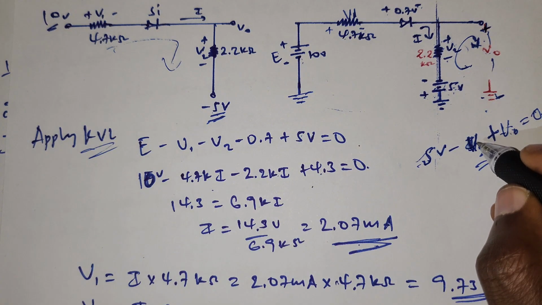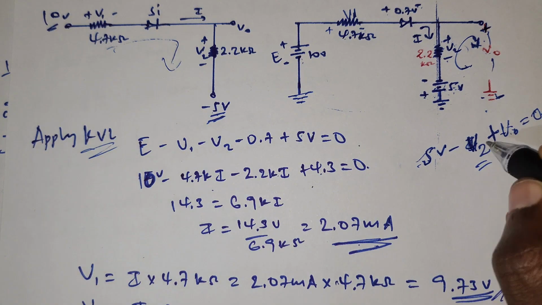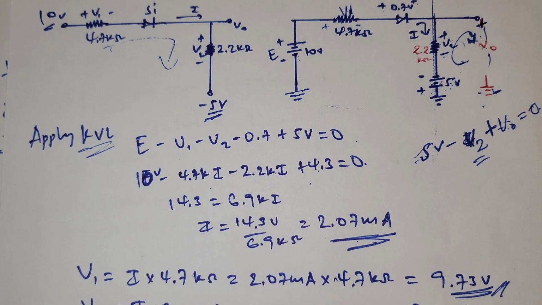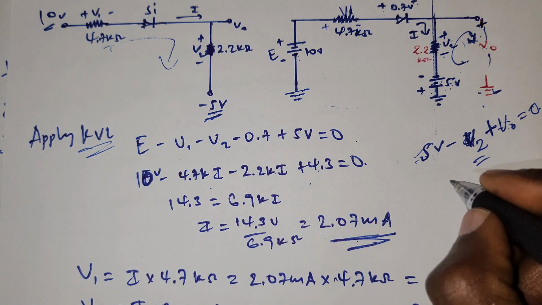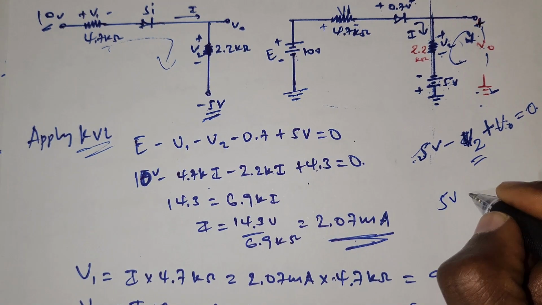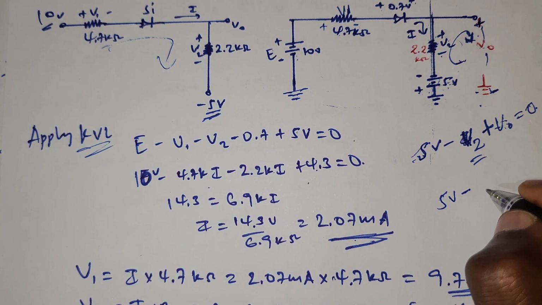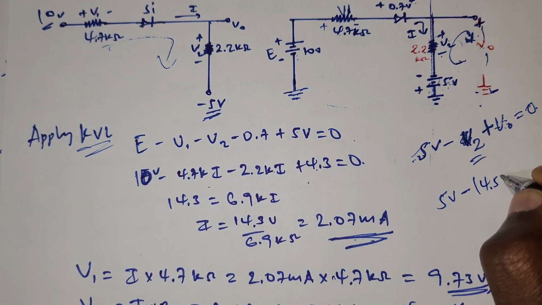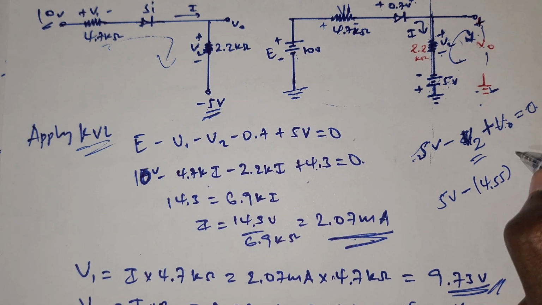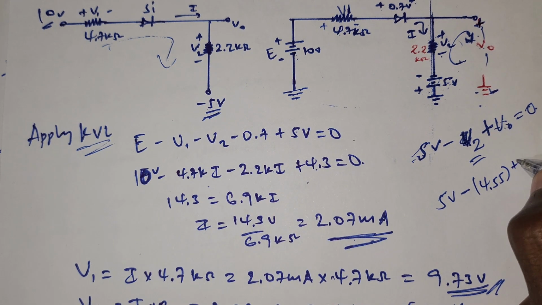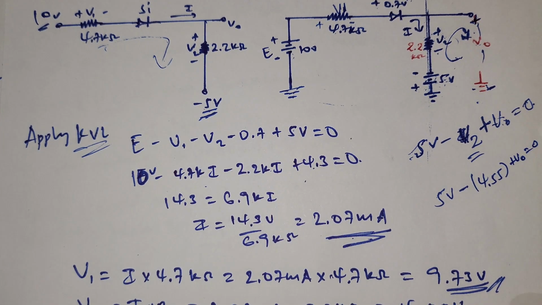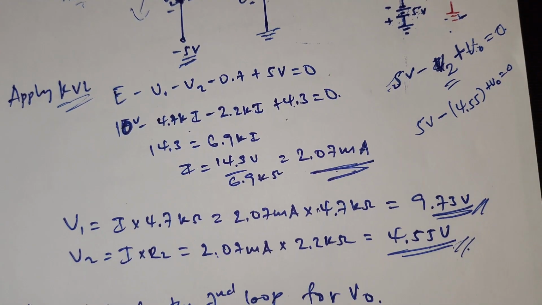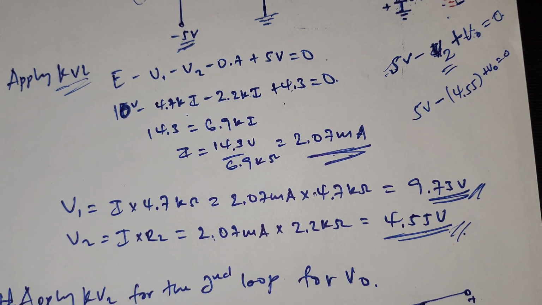We know V2, we calculated V2 is 4.55. So 5 volt minus V2, which is 4.55, plus V output is equal to 0. So V output will be 0.